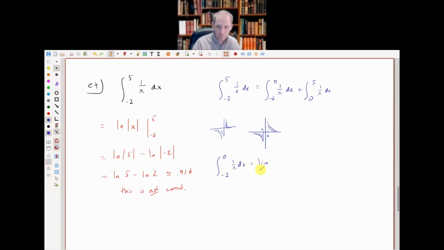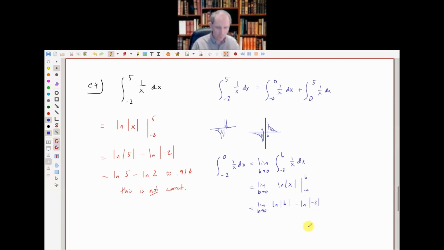That's the limit as b goes to 0 of the integral from -2 to b of 1 over x dx, which is the limit as b goes to 0 of ln of absolute x going from -2 to b. So I have ln of the absolute value of b minus ln of the absolute value of -2.